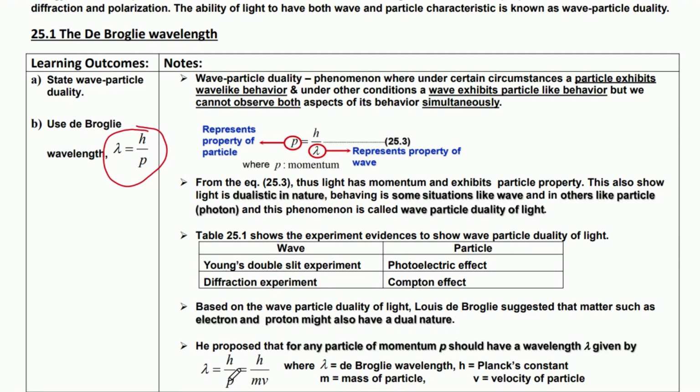So, momentum p equal to mv. So, jadilah lambda equal to h over mv. Okay, lambda adalah De Broglie wavelength. m adalah mass of the particle. And h adalah Planck constant. Dan v adalah velocity of the particle. Okay ya. So this is the De Broglie wavelength equation.